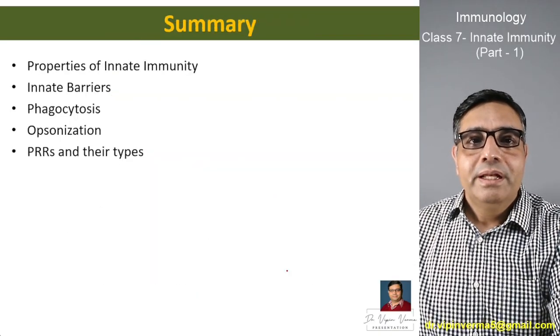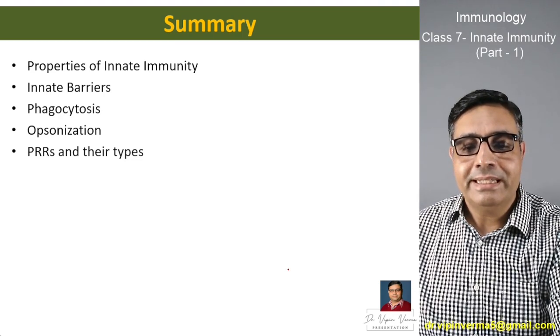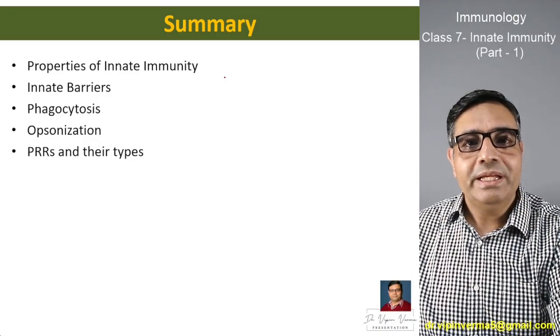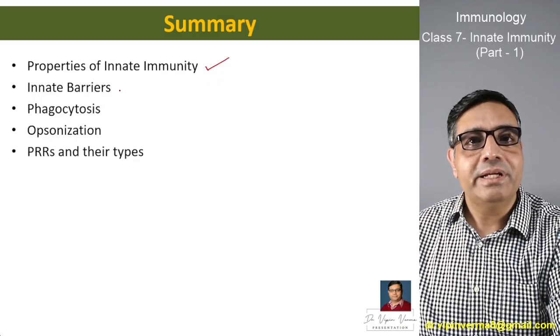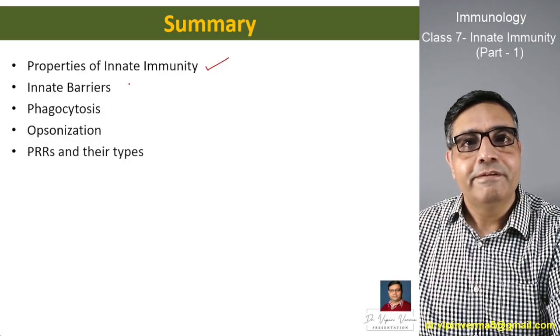We are at the end of this class, and let us summarize what we learned today. We discussed the properties of innate immunity, then we saw the four barriers of innate immunity: the physical barrier, chemical barrier, biological barrier, and then flushing.